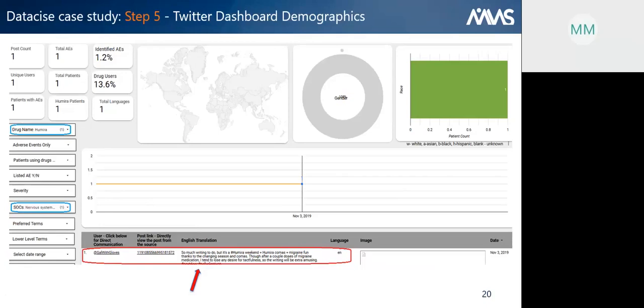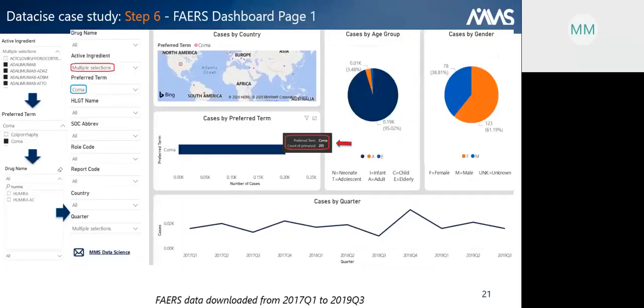traditional systems? And then we will go to FAERS system dashboards. And now we should broaden the search, as you can see on the left corner. First of all, active ingredients. We selected all drugs which have adalimumab active ingredients. Then we selected preferred term coma, and this selection shows us that only two drugs, both Humira and Humira AC, actually had coma in that regard.